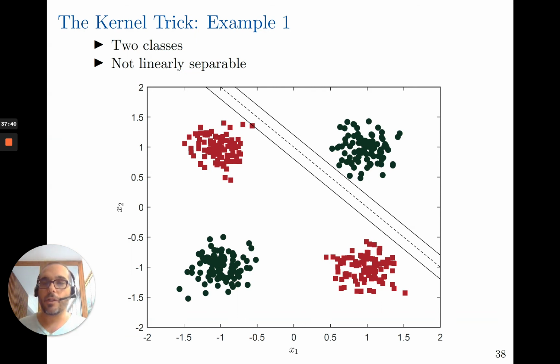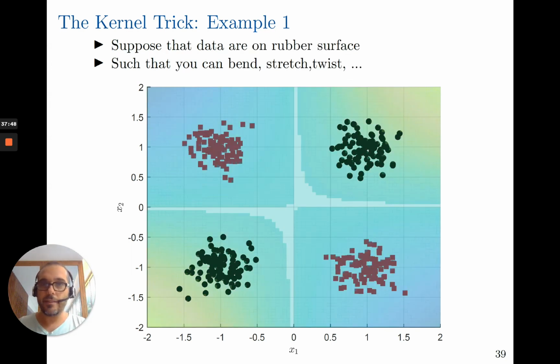We cannot correctly separate. But imagine now that these points are on a rubber surface, like a tablecloth, and we can bend and twist and stretch this rubber surface.